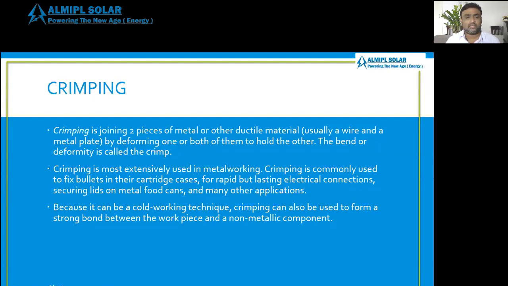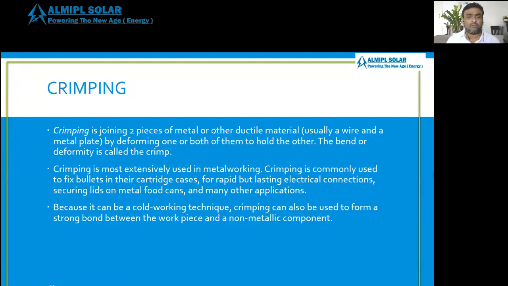Crimping is commonly used to fix bullets in their cartridge cases, for rapid but lasting electrical connection, securing lids on metal food cans and many other appliances.